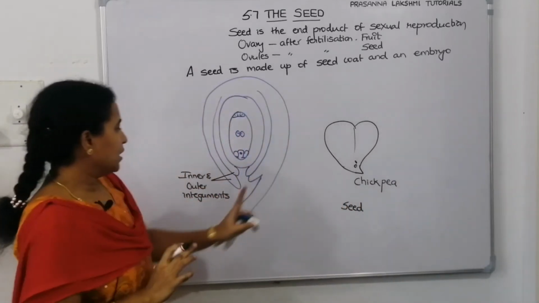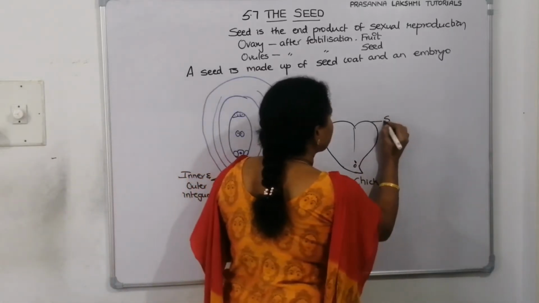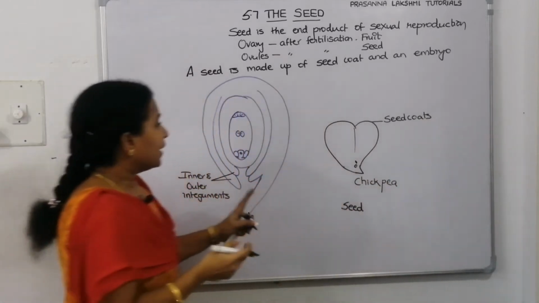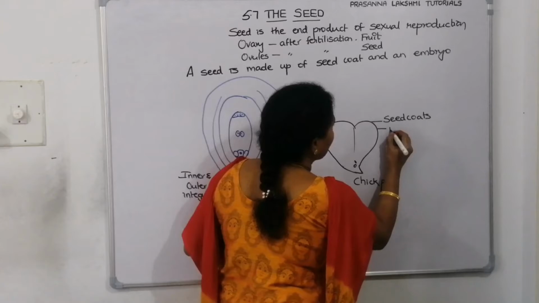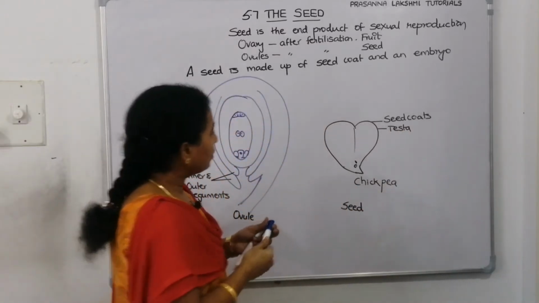Now this is a seed. The outer and inner integuments develop into seed coats. The seed coat has two layers. The outer integument develops into testa and the inner integument develops into tegmen.